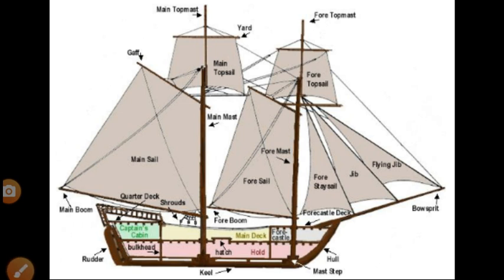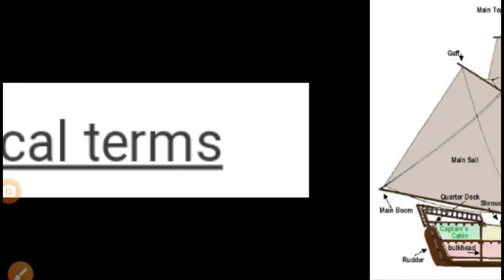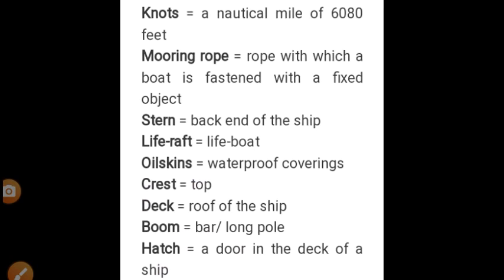I am telling you these things because they have been used in the chapter, so that you don't get confused. So let's study some nautical terms which have been used in this chapter, along with some other new or difficult words. Knots means a nautical mile.